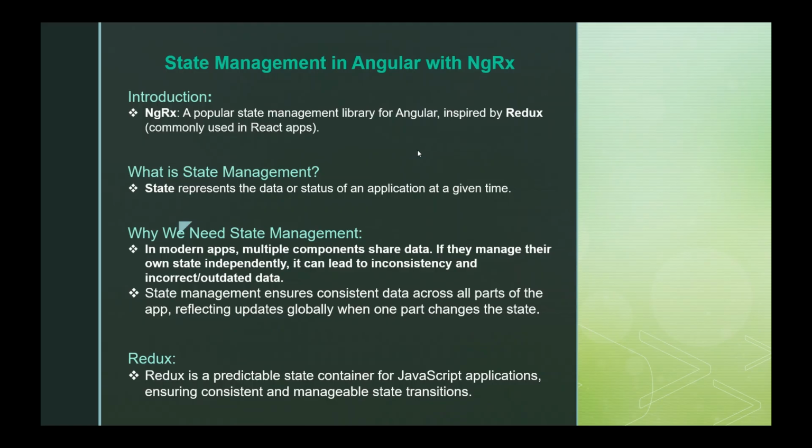An action is an event where you want to perform a particular action. A reducer is a pure function that takes the current state and an action, takes the arguments from the action, makes the changes and creates a new state.